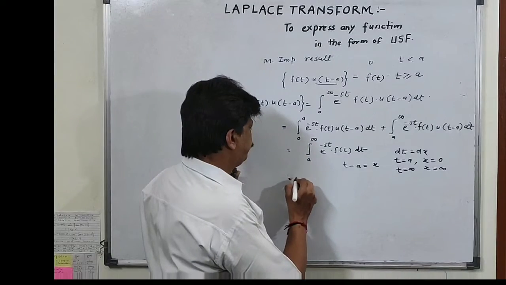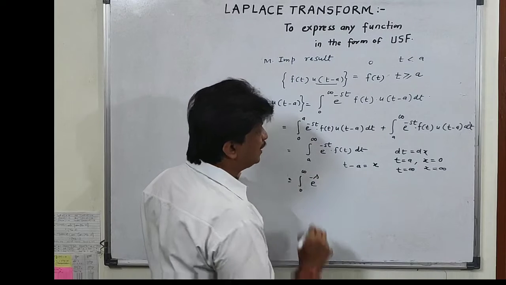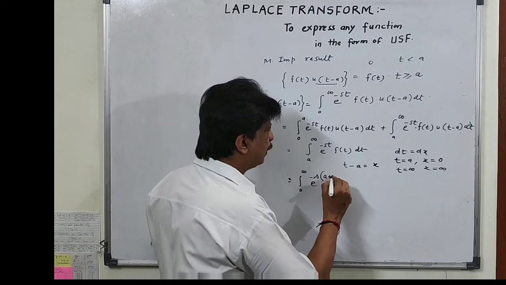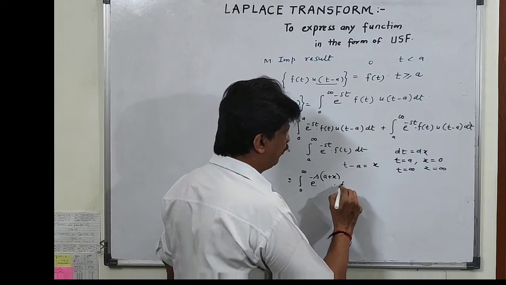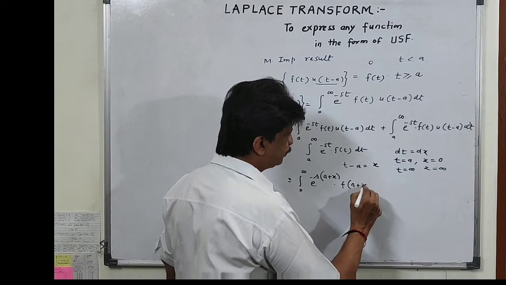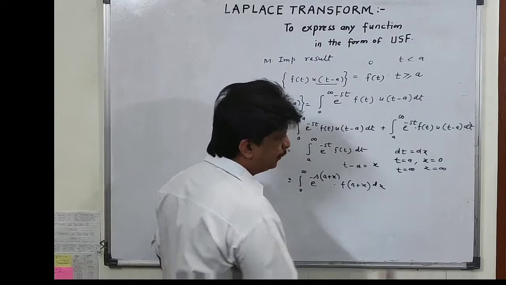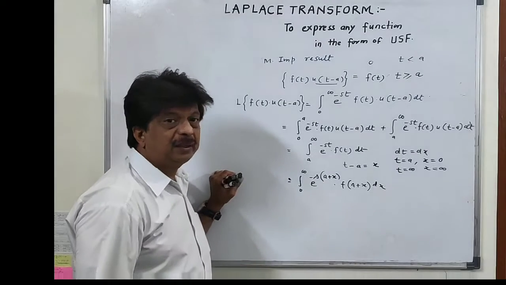So the integral from 0 to infinity of e raised to power minus s times t, where t is equal to a plus x from this substitution, into f of a plus x, and dt is dx. This is transformed into variable x.